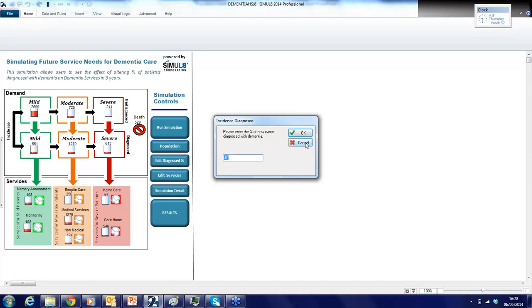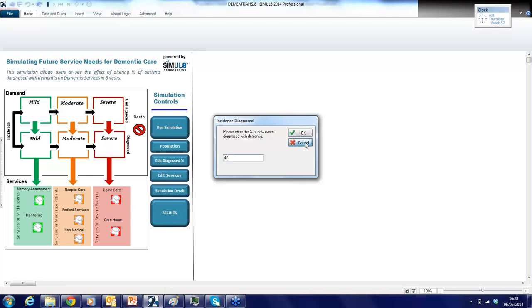But actually, if that means that they stay at a mild and a moderate phase of the disease and perhaps die of something else before they have severe dementia and require a number of different quite high-level services, and also lose the independence that they might have had, is that possibly a better thing to do?